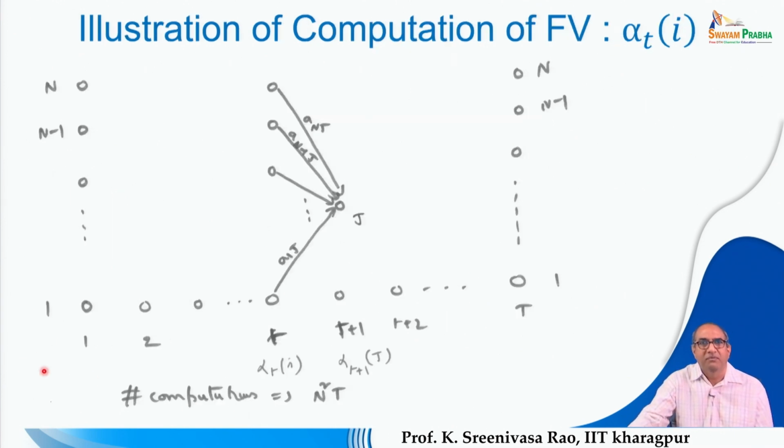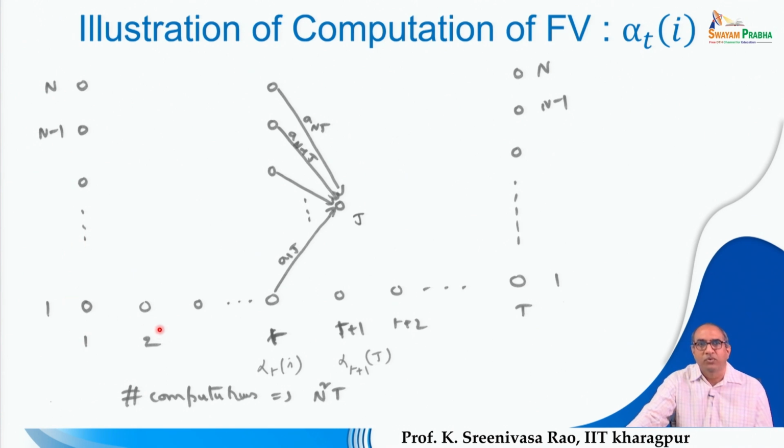Now we can illustrate what we discussed here clearly. On the x axis are the time instances, that is, the observation sequence. At this point we observed symbol 1, then symbol 2, symbol 3, up to symbol T, or otherwise feature vector 1, feature vector 2, and likewise capital T feature vectors. The y axis indicates the states, and each observation vector can be derived from any one of the states.